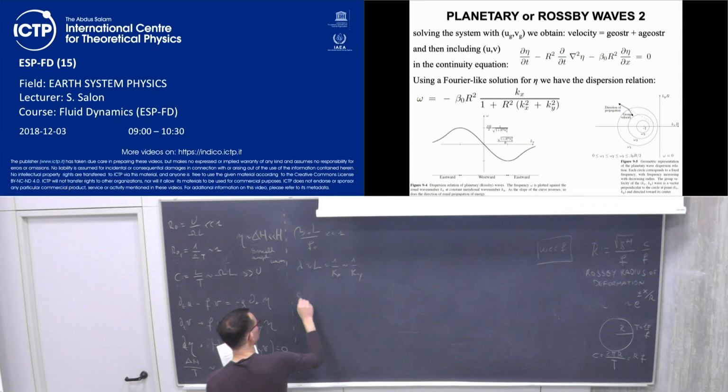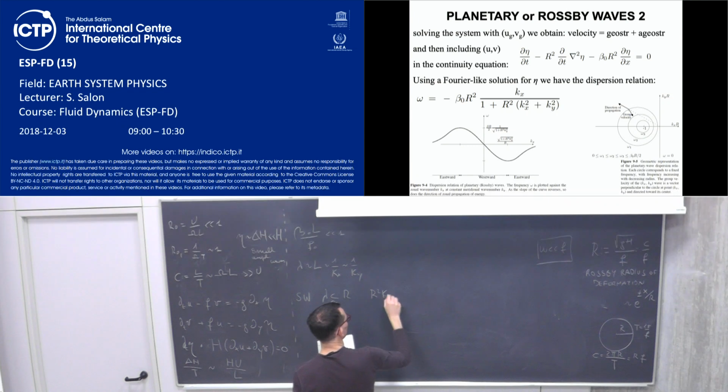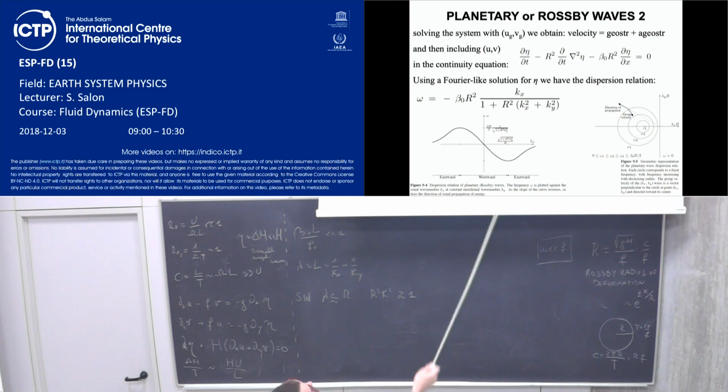And so we can have shorter waves, where lambda is smaller or of the order of R. It means that R squared k squared is larger than 1. And if R squared k squared is larger than 1, I can neglect the 1 and simplify this equation.